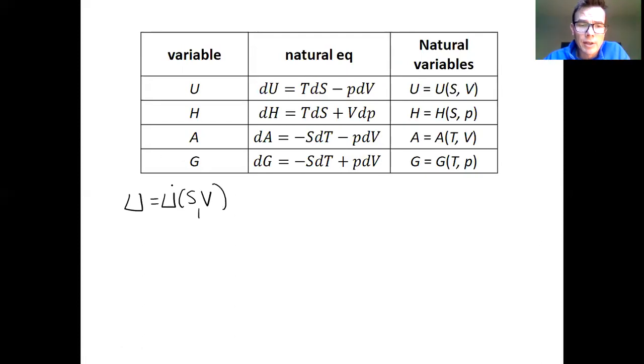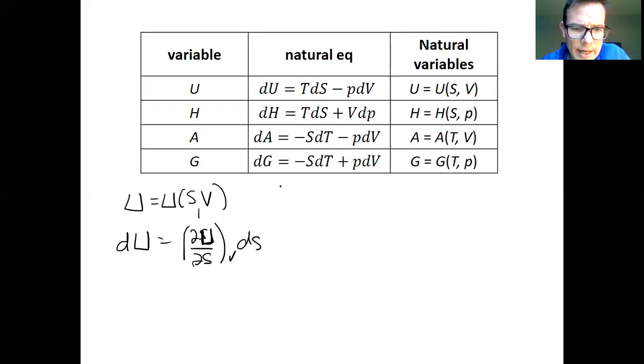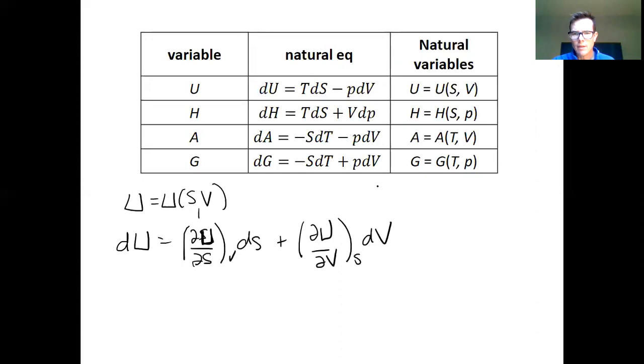I can use this expression to write a total differential for U. That is dU equals the partial of U, sorry, with respect to S at constant V times dS plus the partial of U with respect to V at constant S dV.